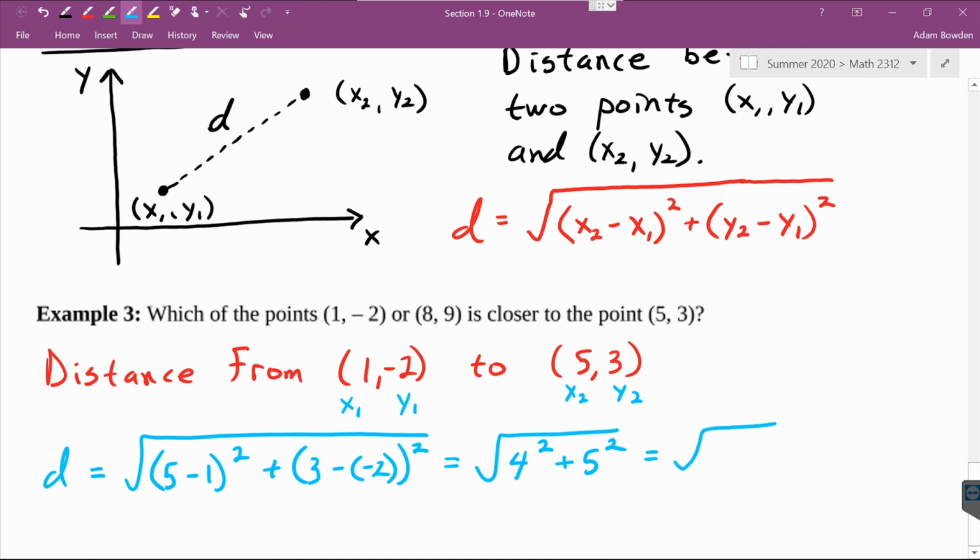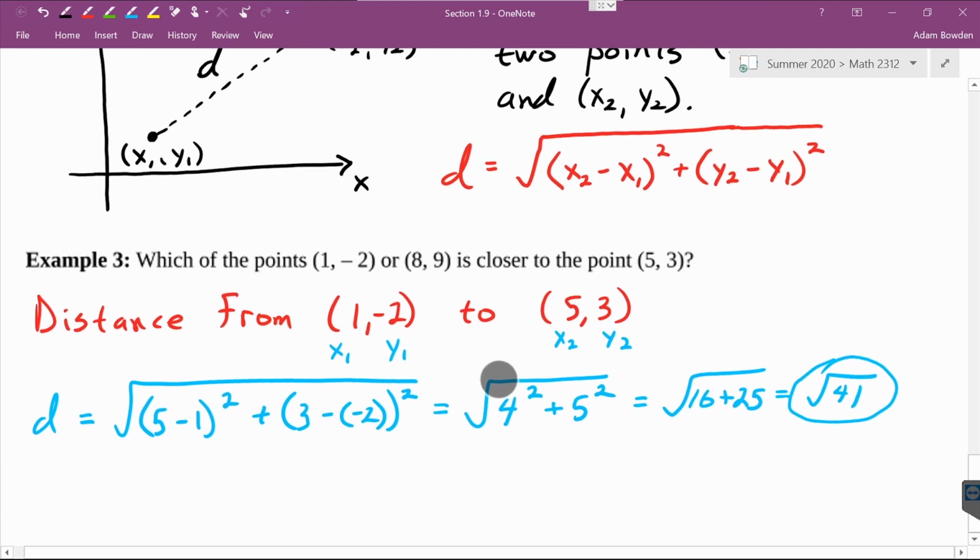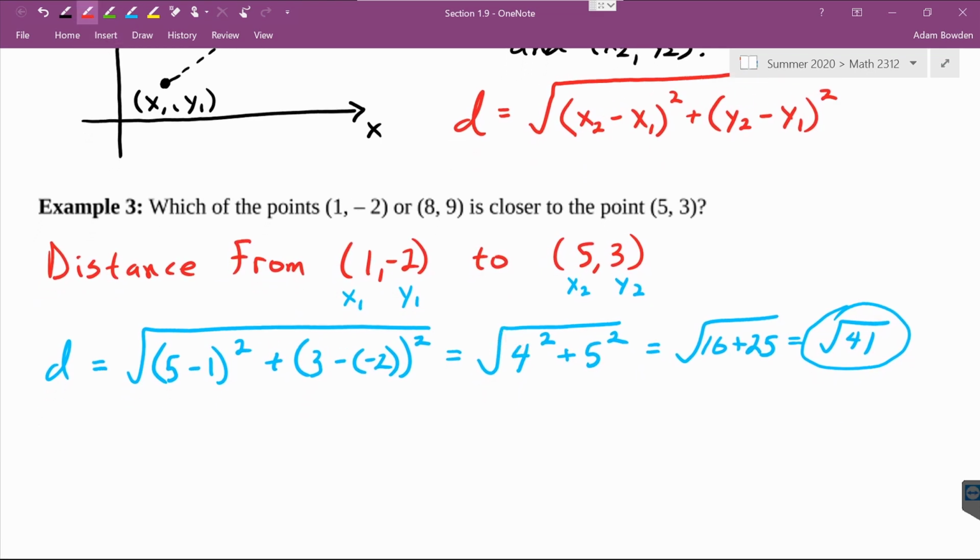Okay, so 4 squared, that's 16. 5 squared, 25. Add them together, we get the square root of 41. And so the square root of 41 is just going to be our number for the distance here. We could always use it as a decimal if we want to approximate it. I'm going to leave it as is for now and see what happens when I find the distance for the other point.